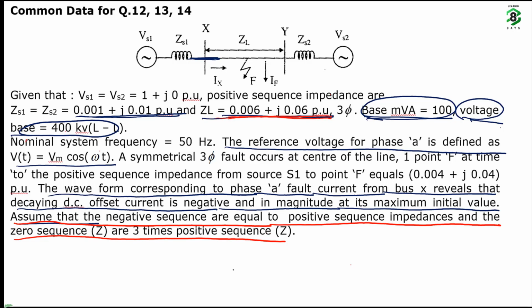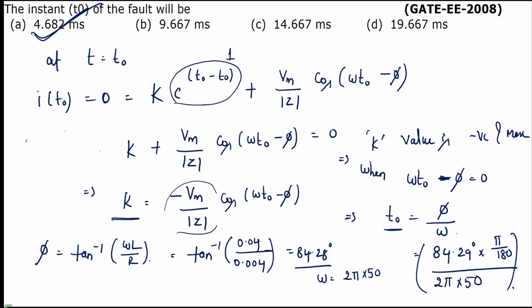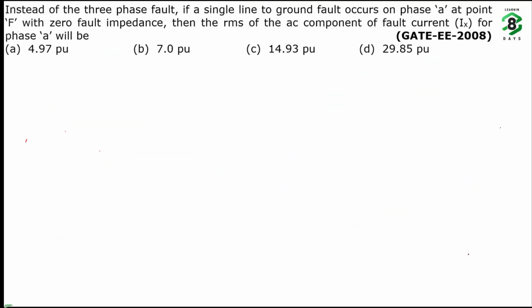Understand? So what he is telling is that with these assumptions, you calculate the fault current flowing through bus bar X if a single line to ground fault occurs at the fault point.